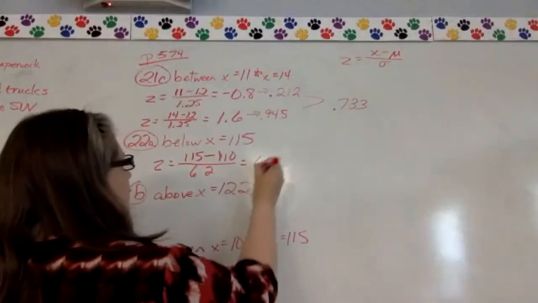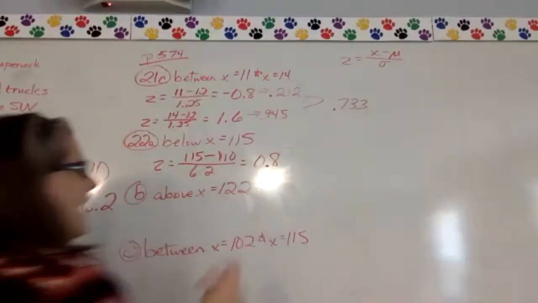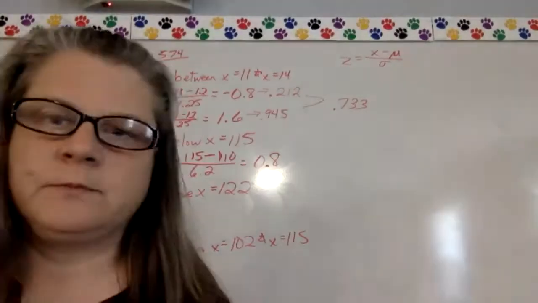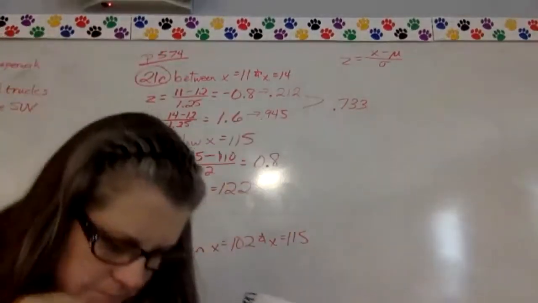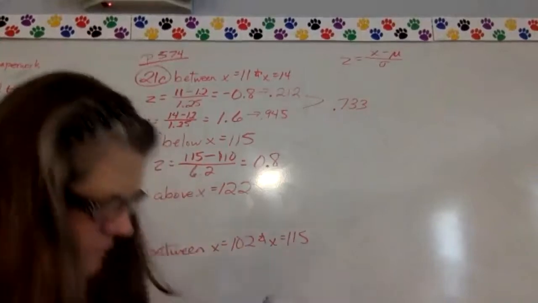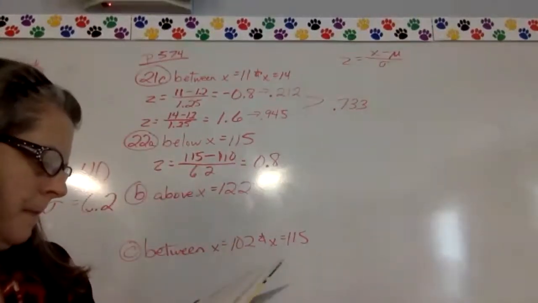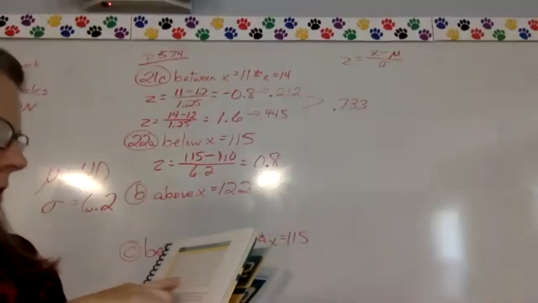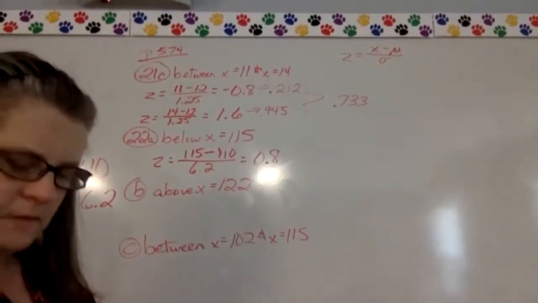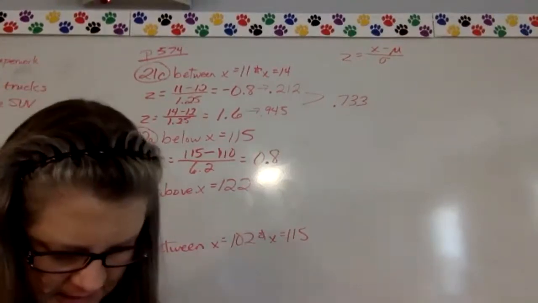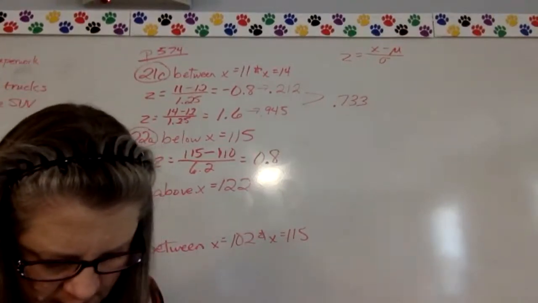So this is 0.8, and now you use your table. So 0.8, okay? Everybody there? We got 0.8, what is it? 0.788, okay?